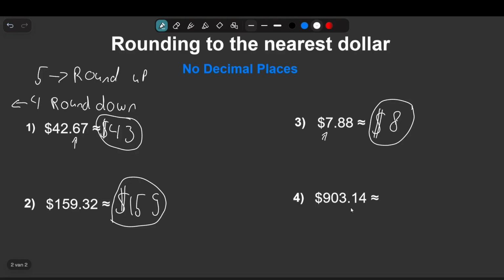And a 1 is closer to the 3, or as you can say, 4 or less than 4. So we can round this down to exactly $903. So this is basically how to round to the nearest dollar.